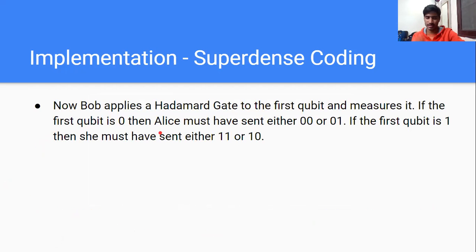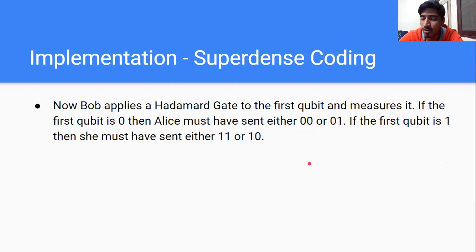Then Bob applies the Hadamard gate, and after applying the Hadamard gate, he measures the first qubit. If it comes 0, then he concludes that Alice must have sent either 0, 0 or 0, 1. So there are 2 situations. Here Bob does 2 measurements. After applying the CNOT gate, he measures the second qubit, and after applying the Hadamard gate, he measures the first qubit.